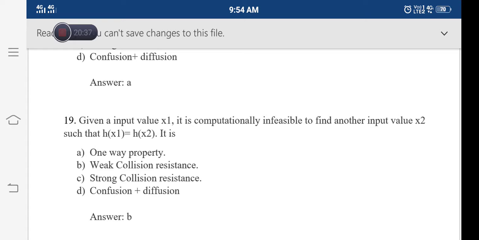That means h of x1 is equal to h of x2 is computationally infeasible to achieve by finding the value of x2. So this is known as the weak collision resistance property.